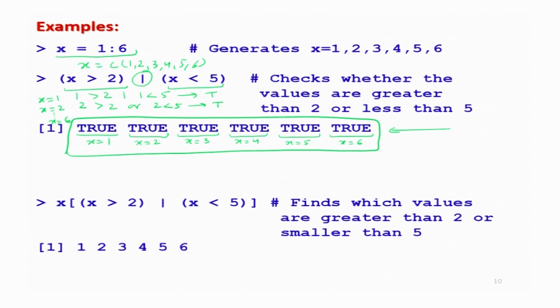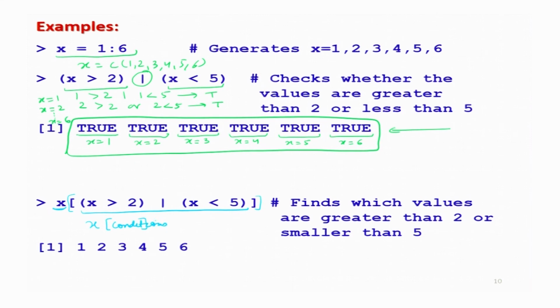You simply write down the condition, whatever the condition is, and then you write down the data vector and close it inside the square bracket. So, the rule is very simple: write down the data vector, and inside the square bracket write down the conditions.